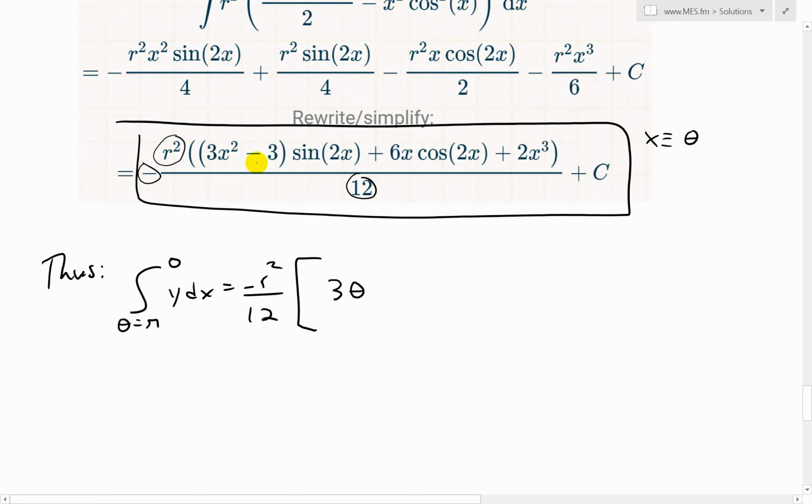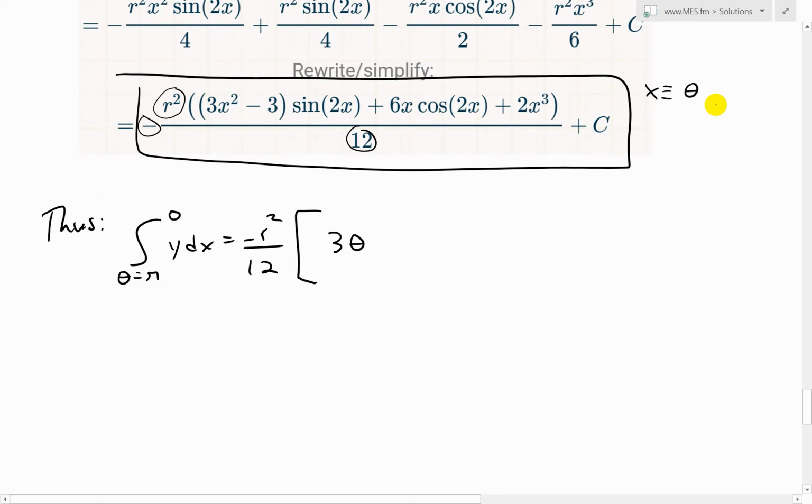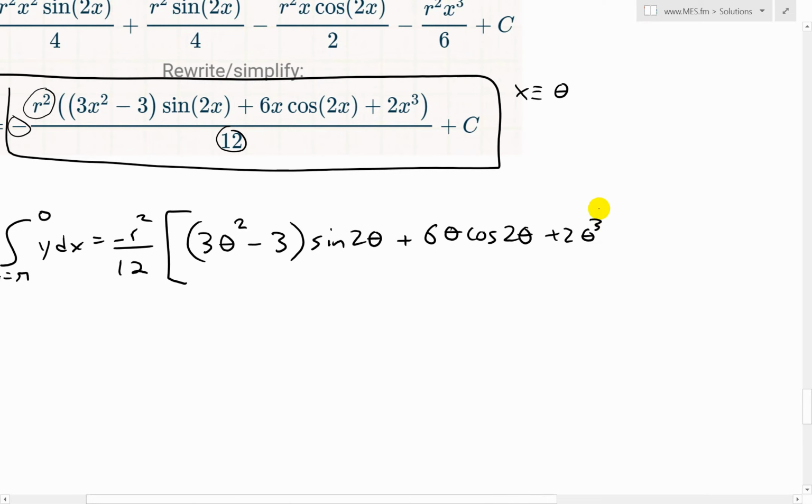I just replaced x with theta, because it's easier to type, and I'm not sure if theta works for that calculator. So we have 3 theta squared minus 3 sine 2 theta plus 6 theta cosine 2 theta plus 2 theta cubed, and this is all integrated from pi to 0.